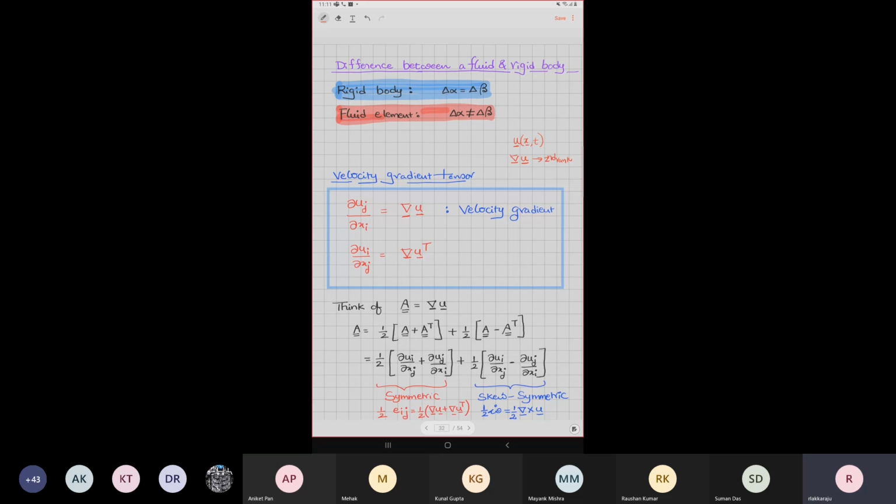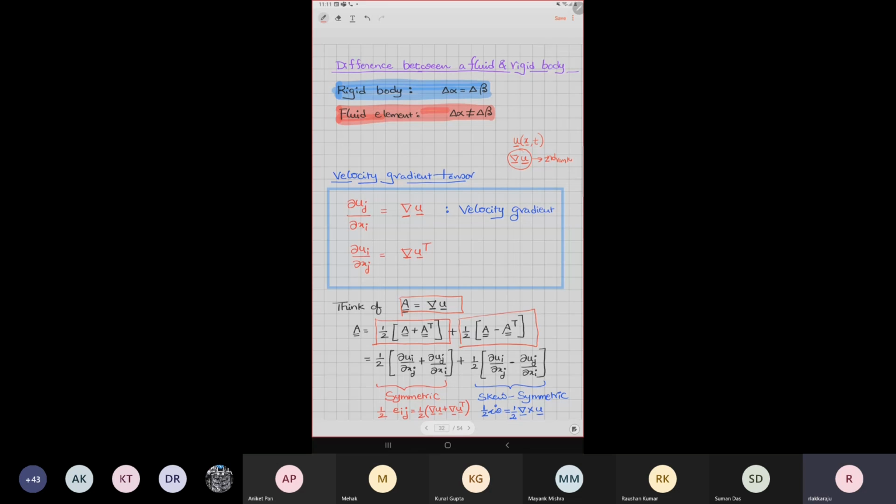One of the objects central to fluid mechanics is this gradient u term. And especially this velocity gradient term, because it's a second rank tensor, one can decompose it into symmetric and anti-symmetric or skew-symmetric components.